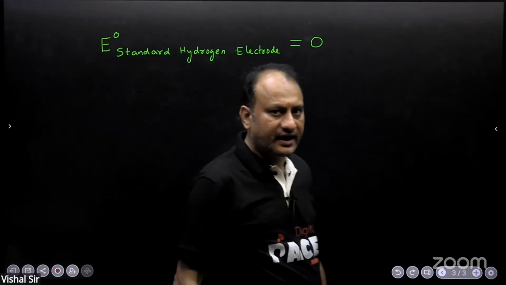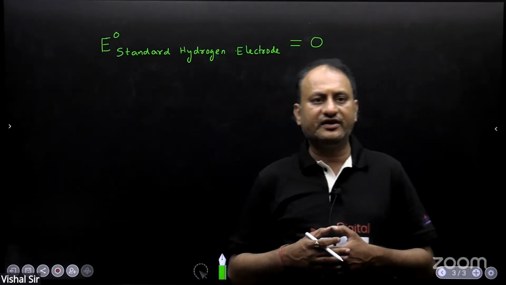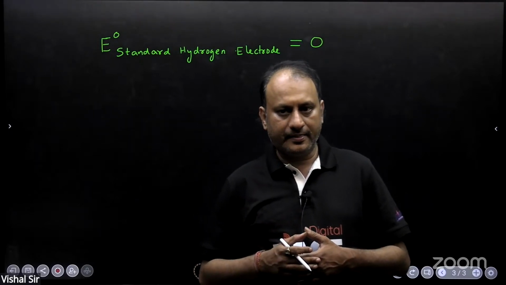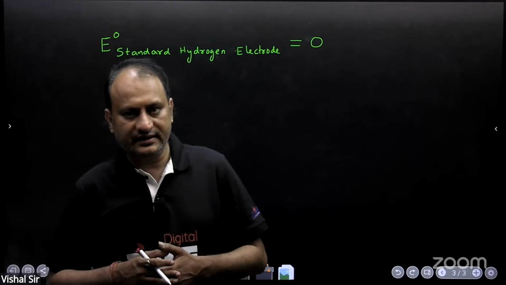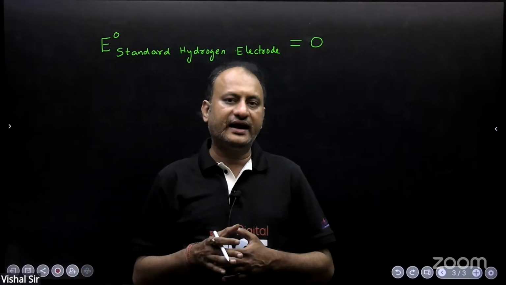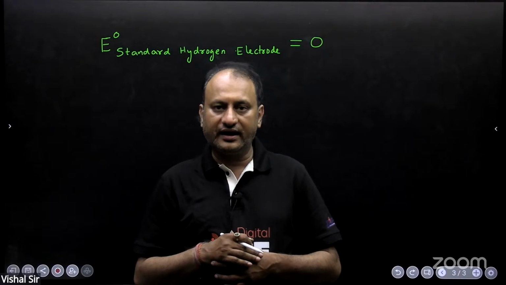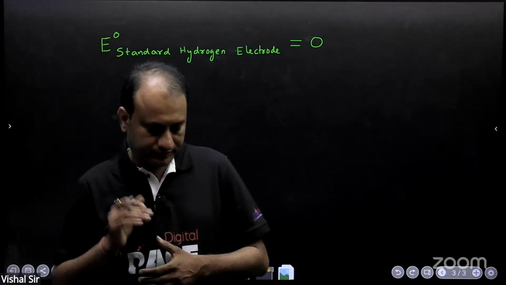a standard hydrogen electrode, make a galvanic cell, because whenever we connect two half cells we get a galvanic cell, and we will measure the EMF of that galvanic cell. EMF of that galvanic cell will give me electrode potential of that other half cell which was connected to hydrogen.